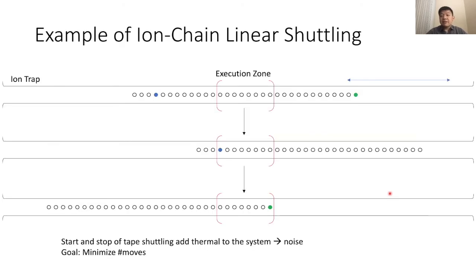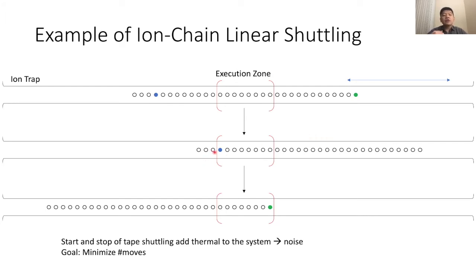This is an example of tape movement. Assuming we have a single-qubit gate on the blue qubit and the green qubit, to complete the two operations, we first shuttle the entire tape to the right until the blue qubit is in the execution zone.